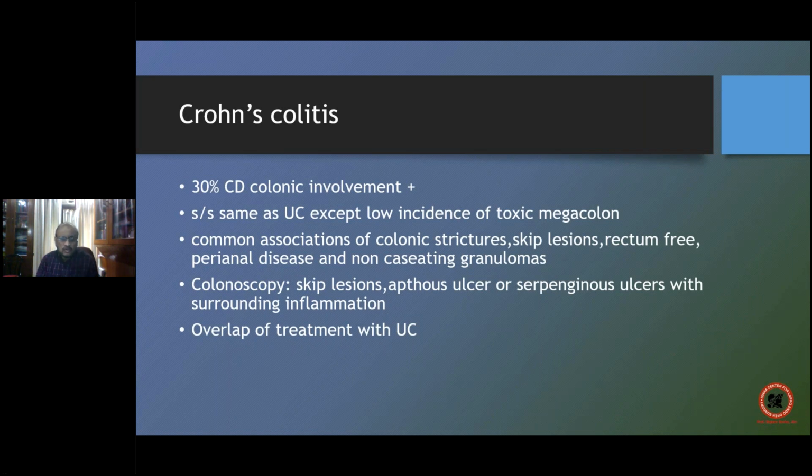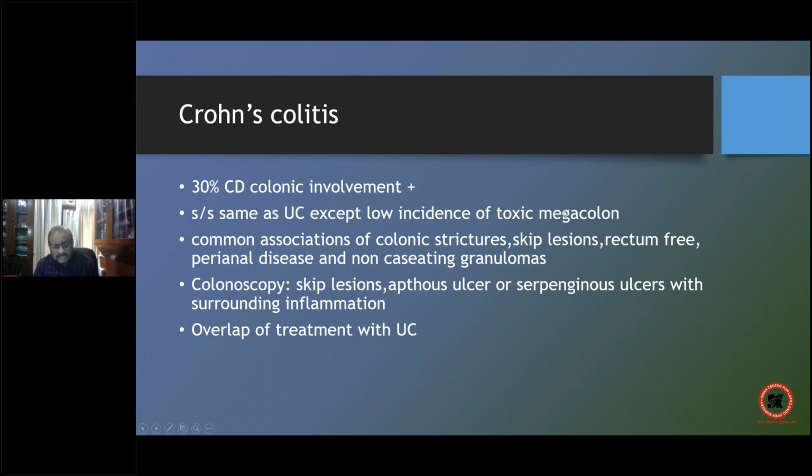A word about Crohn's colitis: 30% of CD has colonic involvement. So I said earlier, CD can be found anywhere, as opposed to ulcerative colitis, which is primarily a colonic disease. CD is a general intestinal disease, and in 30% there will be colonic involvement. Signs and symptoms are the same as ulcerative colitis, except the low incidence of toxic megacolon.